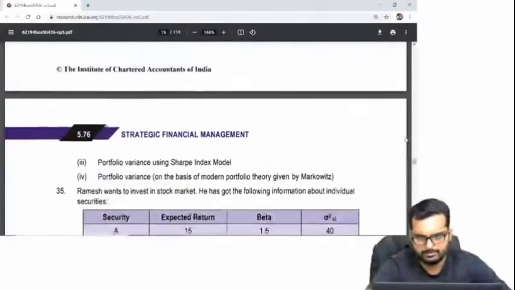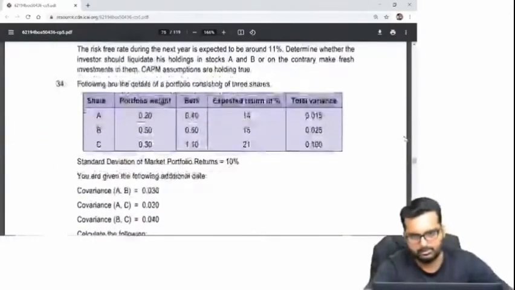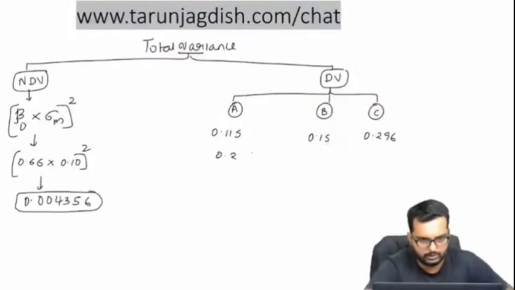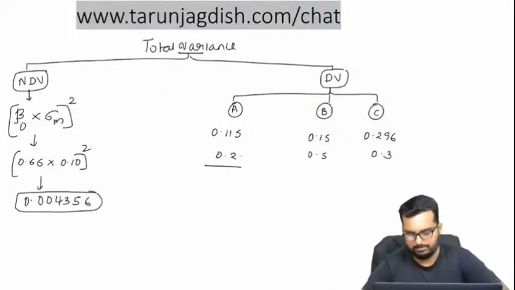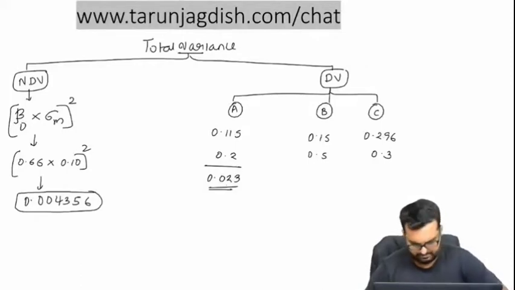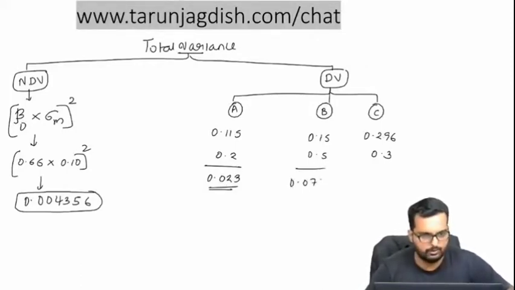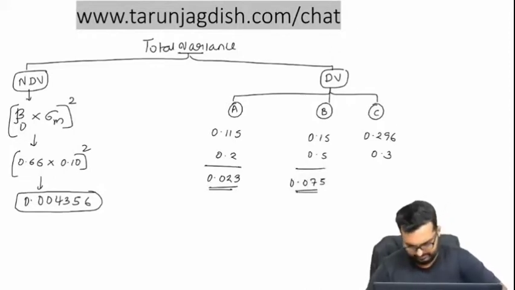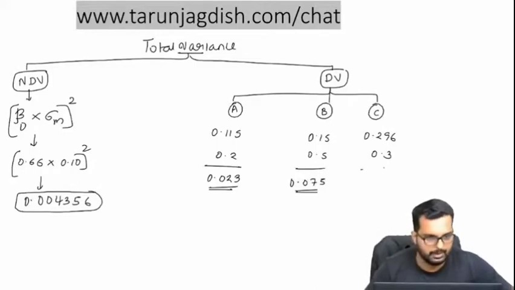The weights are 0.2, 0.5, 0.3. So it will be 0.115 into 0.2, that is 0.023. 0.15 into 0.5 will be 0.075. 0.296 into 0.3 is 0.0888.